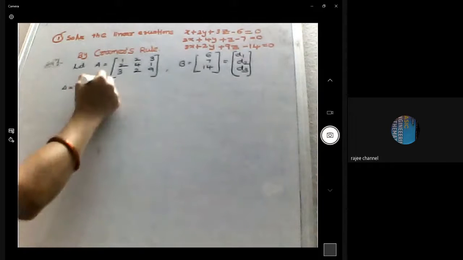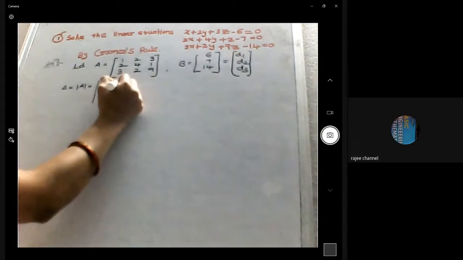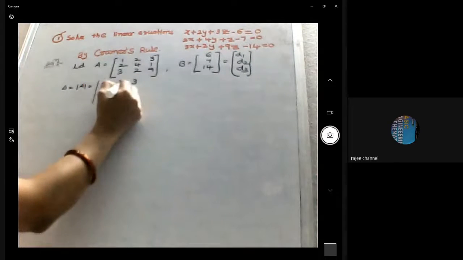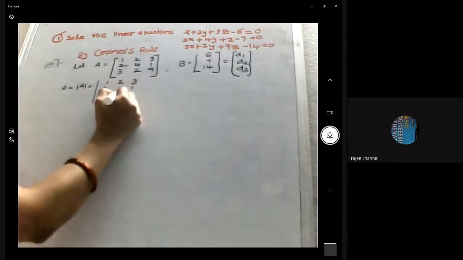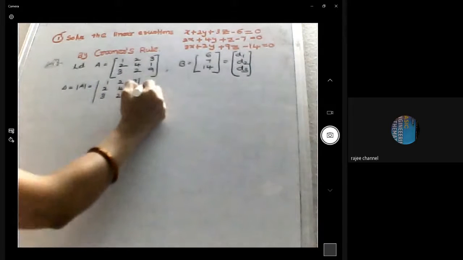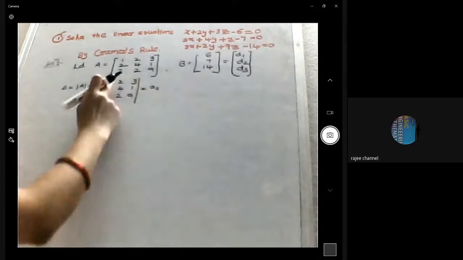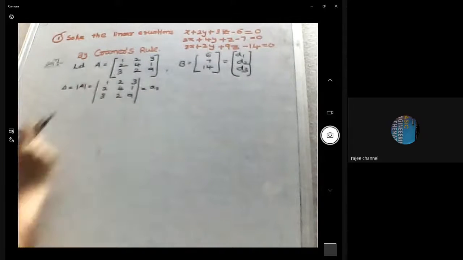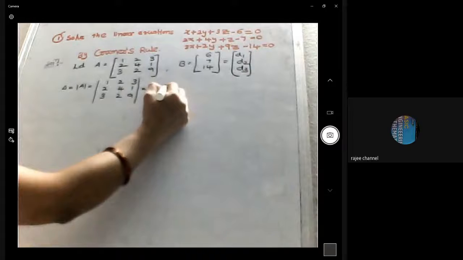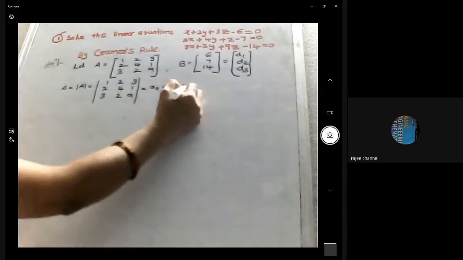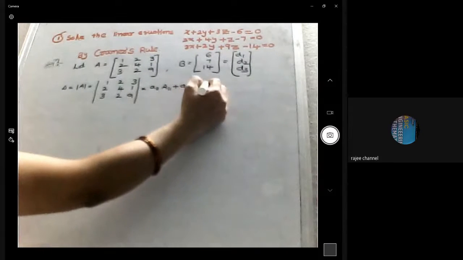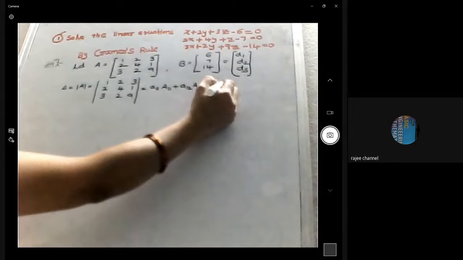Determinant A equals the determinant 1, 2, 3, 2, 4, 1, 3, 2, 9. We take the formula expanding by the first row: a11 into capital A11 plus a12 into capital A12 plus a13 into capital A13.